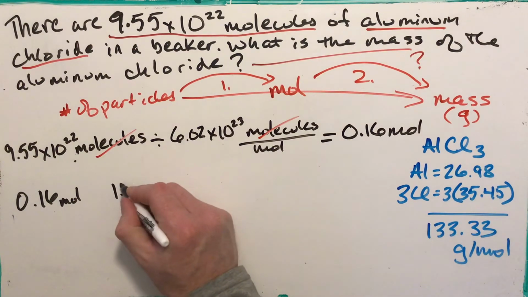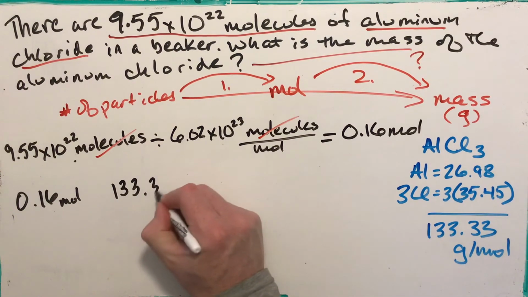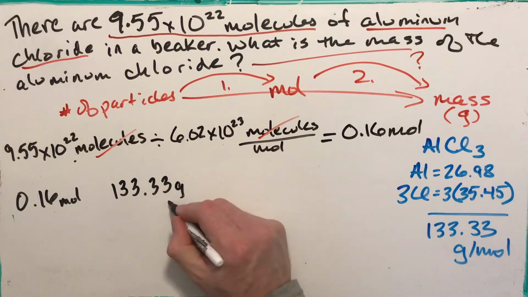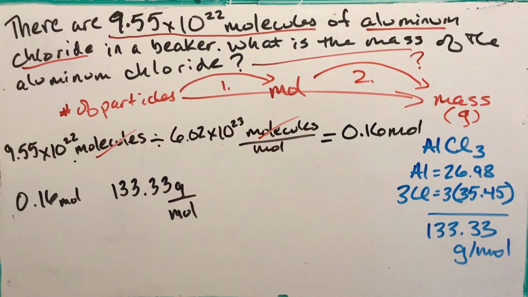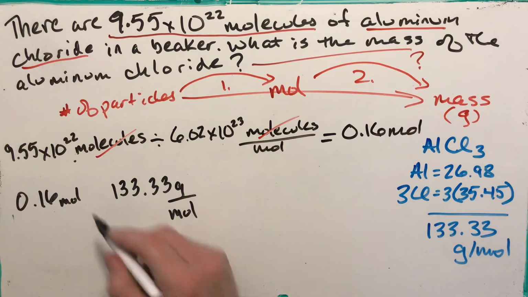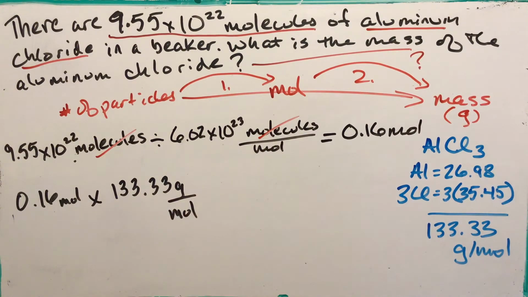So 133.33 grams per mole. If I look at this, even if I didn't know what I'm going to have to do, I know that I'm going to have to multiply this. But even if I didn't know, moles on top, moles on bottom, to cancel out something on top and something on bottom, I need to multiply it.